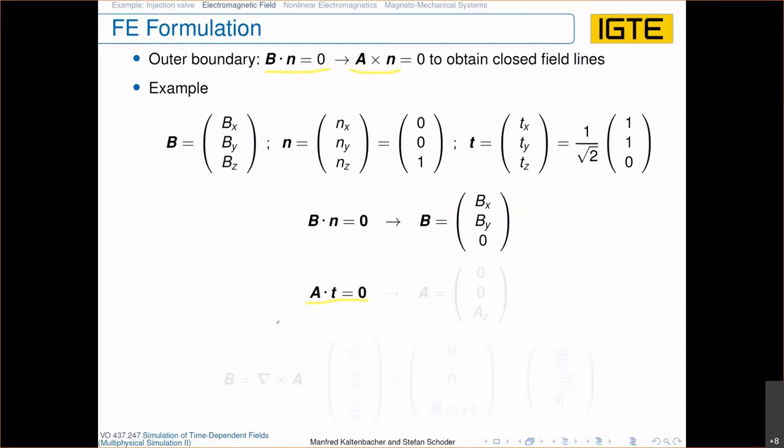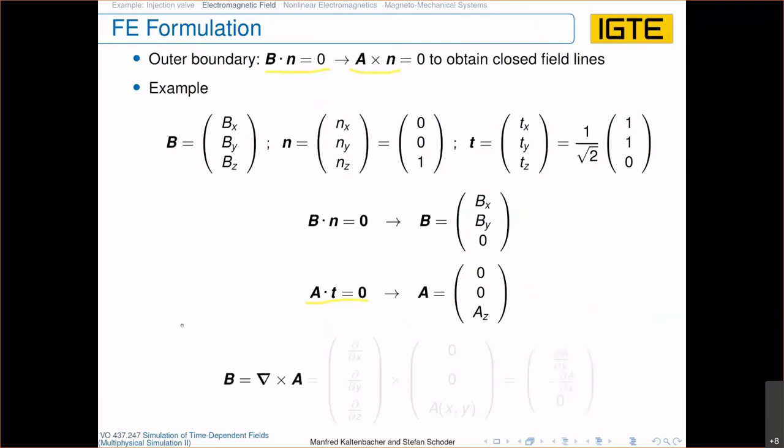And doing this, as you know, we will get the following. Since the tangential vector has a 0 in the z component, we should have a magnetic vector potential allowing a z component different from 0, and automatically the x and y components, so the components in the tangential plane, should be 0.